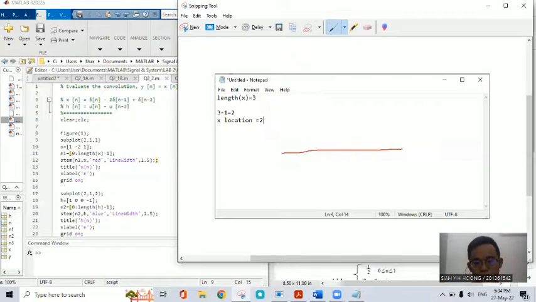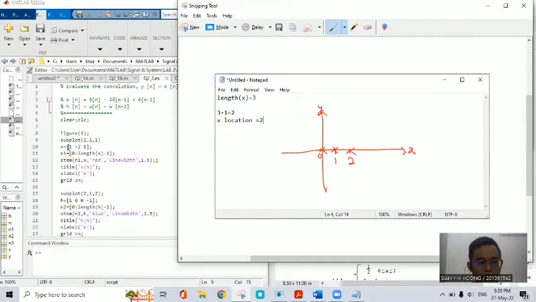Okay, usually a graph has an x-axis and a y-axis, right? So this length equals 3. I have the first data right here, x location 1, second data right here. Oh, sorry, since it starts from 0, the first data will be right here, the second data right here, and the third data right here.